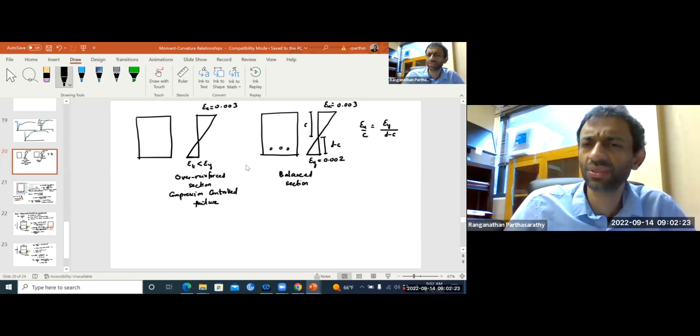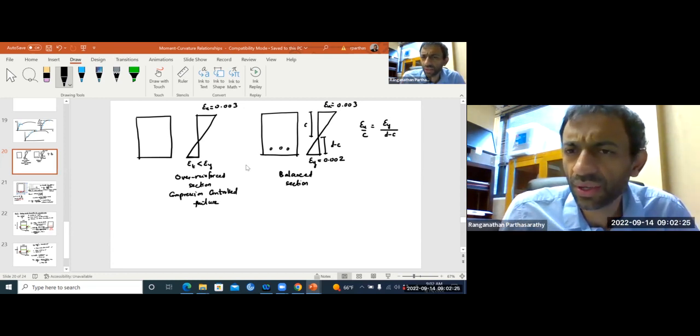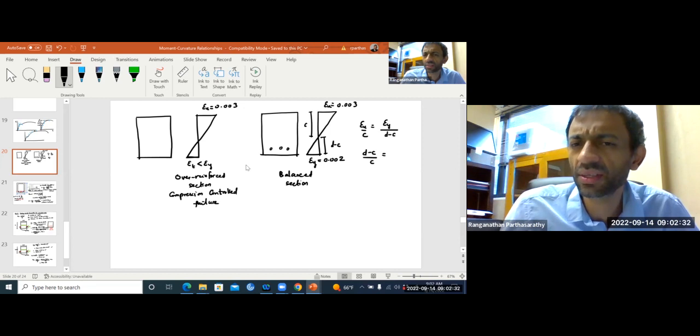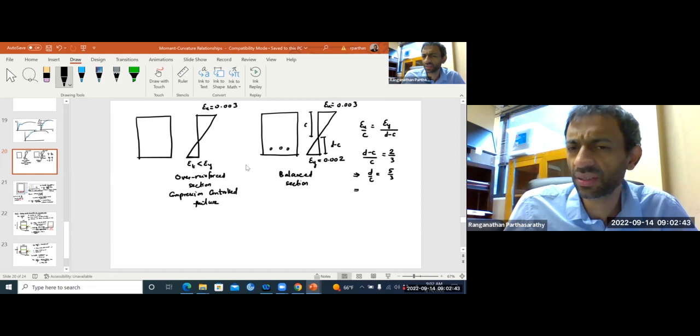So you have d minus c over c is 2 over 3. So that means d by c is 5 over 3, or c by d is 3 over 5. This is for the balanced section, right?